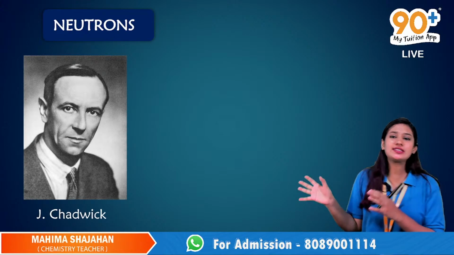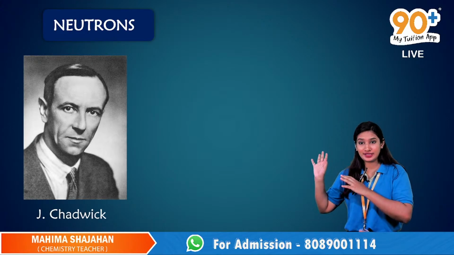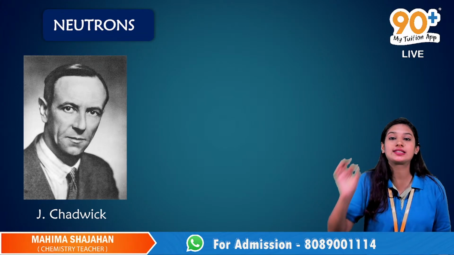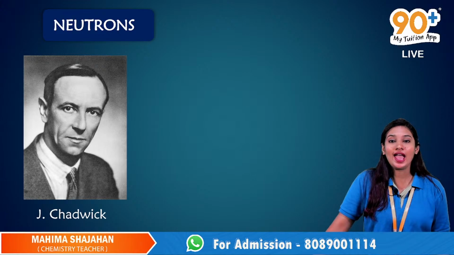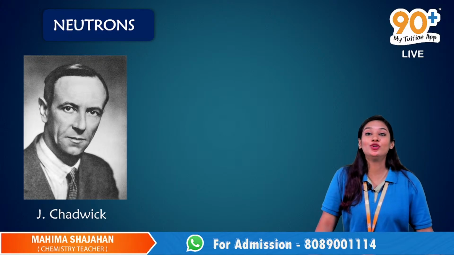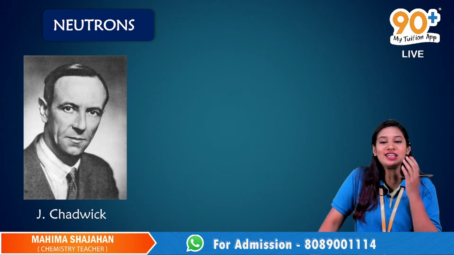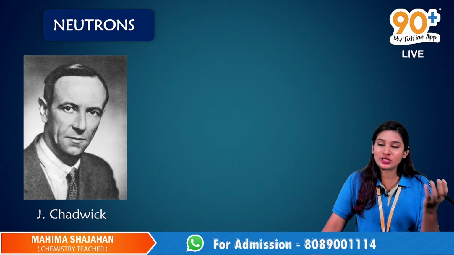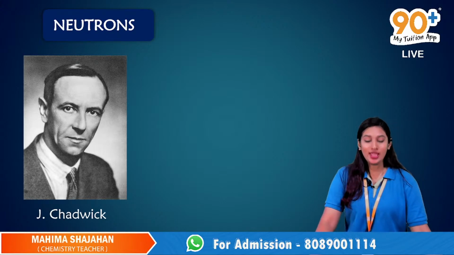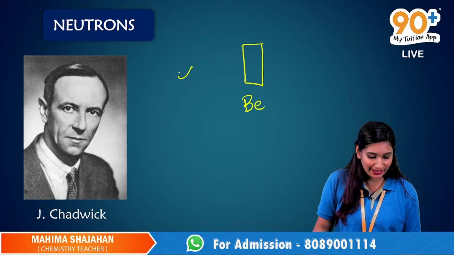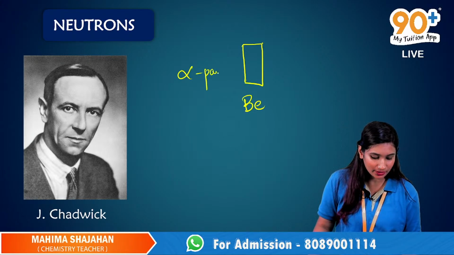We already discussed neutrons in our first session, but still, he identified the presence of a third subatomic particle, and he named it the neutron. Now, how did he find it? It is not there for you to study, but still I'll tell. He bombarded beryllium with alpha particles.